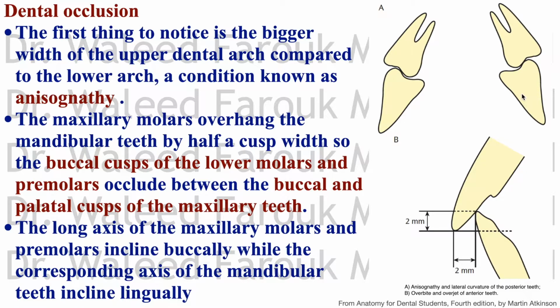Now also observe the longitudinal axis of the maxillary molars that incline buccally, while the corresponding longitudinal axis of the mandibular teeth incline lingually. So this inclines buccally, this inclines lingually, resulting in anisognathy and the cusps in relation to each other. This is called dental occlusion.